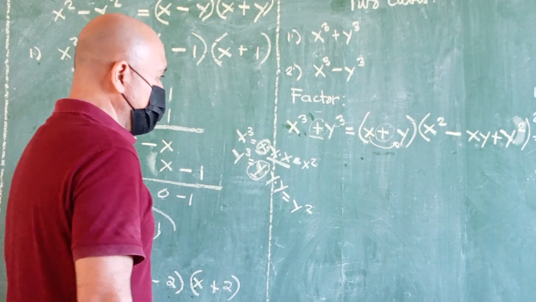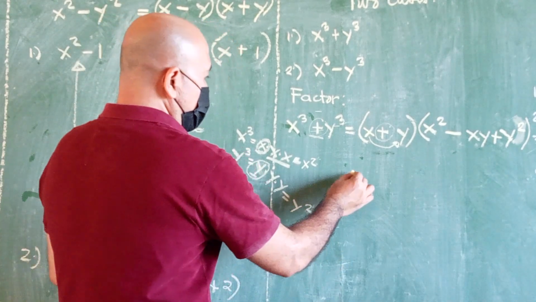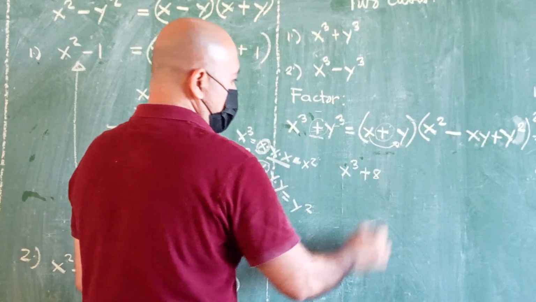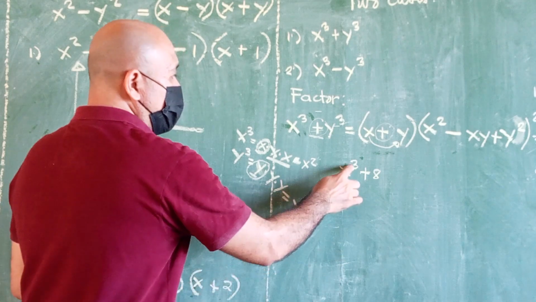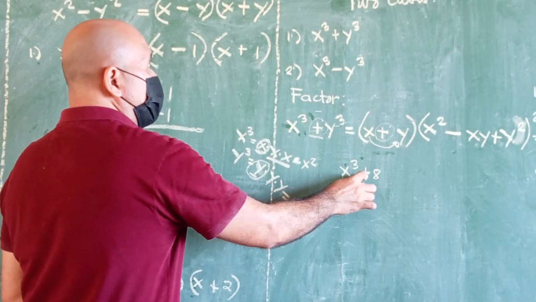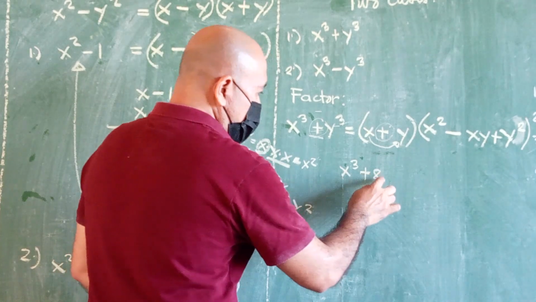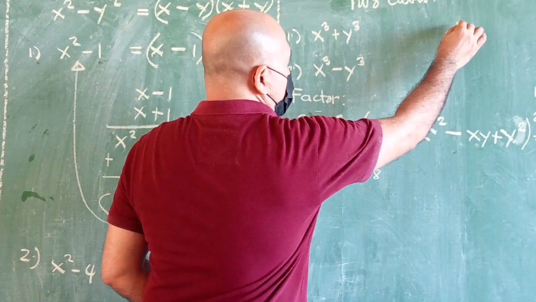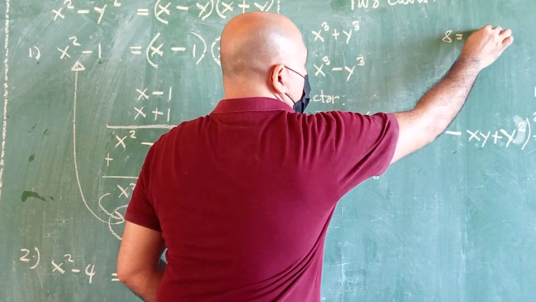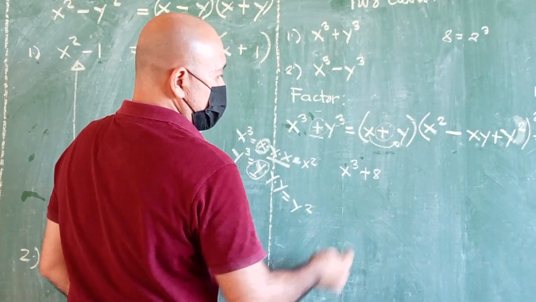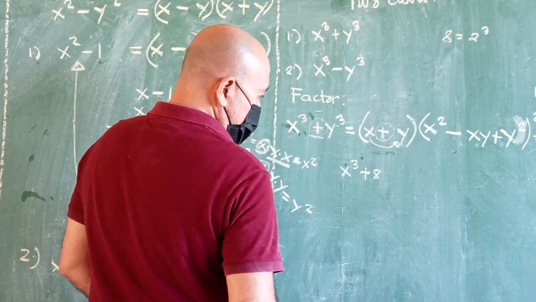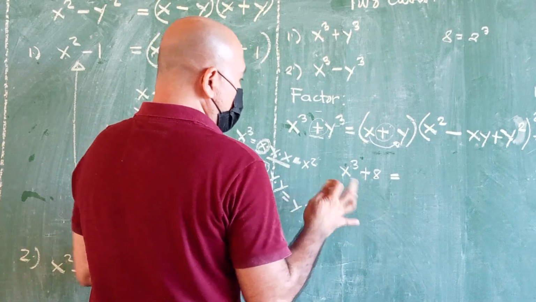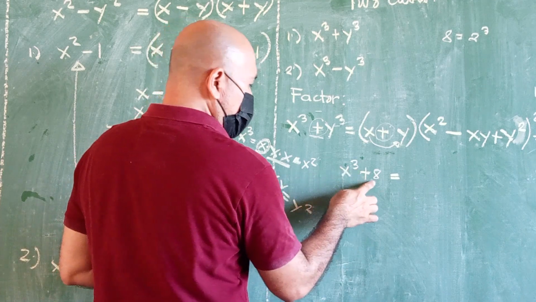And for example, supposedly you are going to factor out x cubed plus 8. So obviously, x cubed is a perfect cube and the operation is sum. And of course, 8 is considered a perfect cube number because you can rewrite it as 2 raised to the power of 3. So therefore, it is a perfect cube. Let's proceed to factor x cubed plus 8.